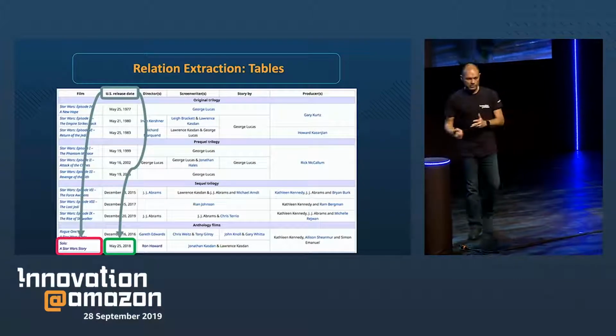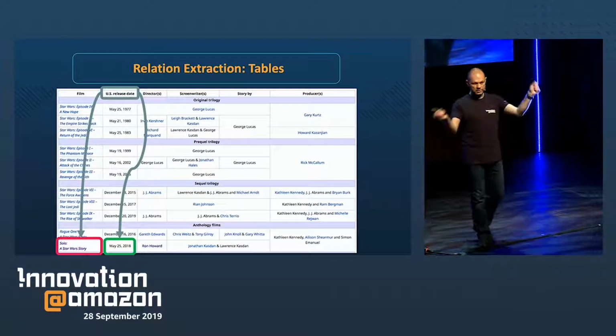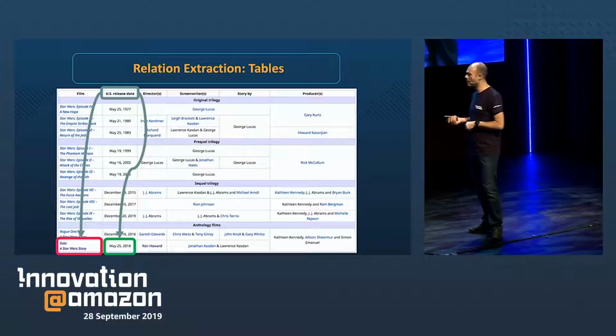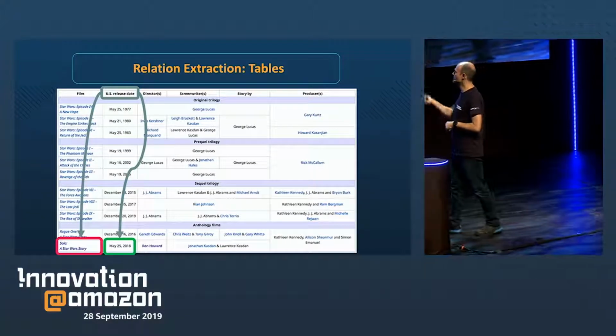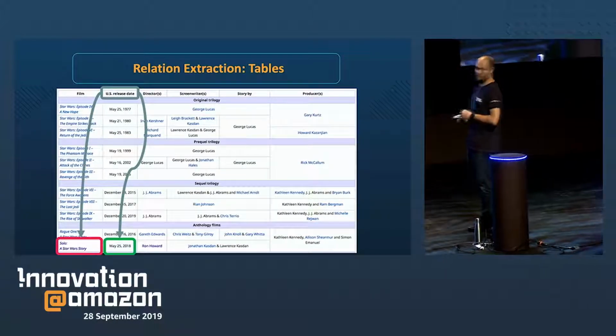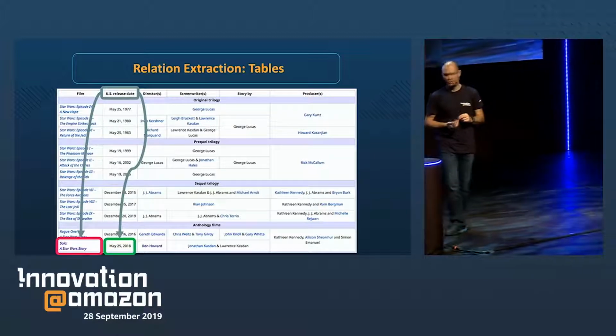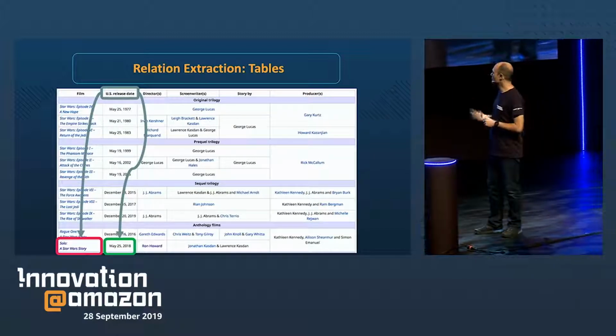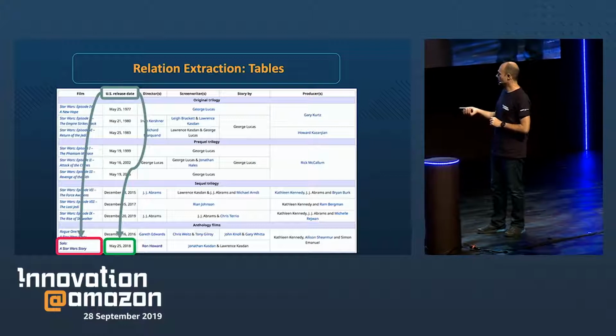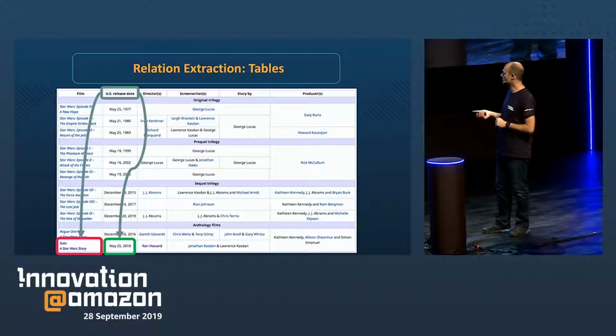Text is also not represented just by a linear piece of string. On the web, you may encounter things such as tables, which are again great sources of information. Here, for example, there's a table about all the Star Wars films, and you see at the final row the name of the film, the date it was released, and the column header.